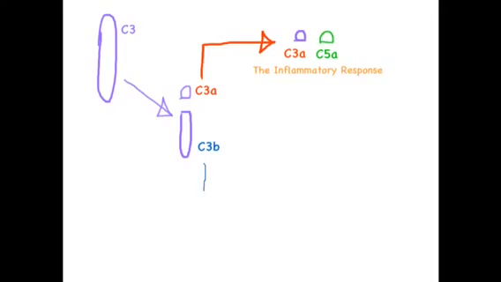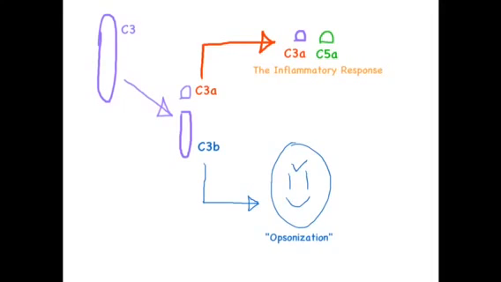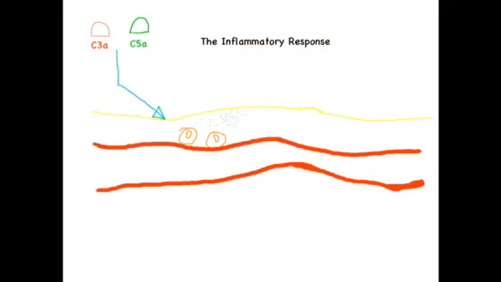The larger portion, C3b, travels towards pathogens and binds to their surface in a process known as opsonization, which we'll discuss later. But first, we need to talk about the inflammatory response.